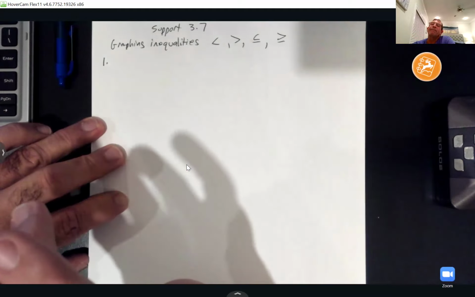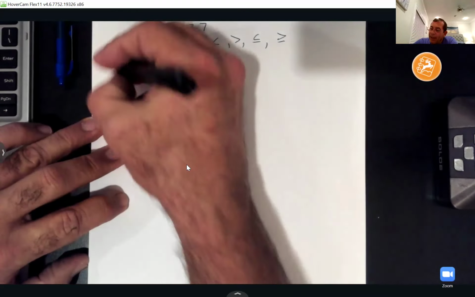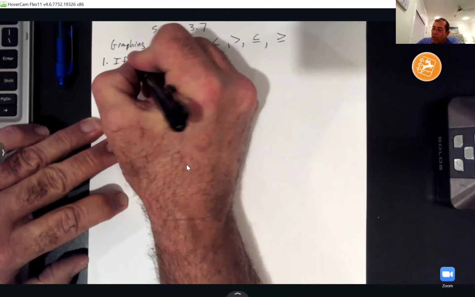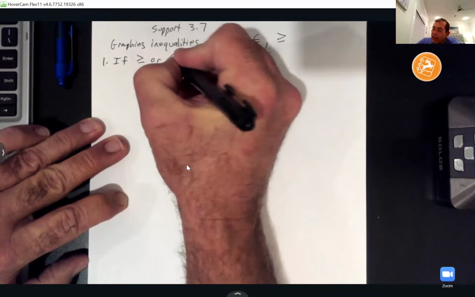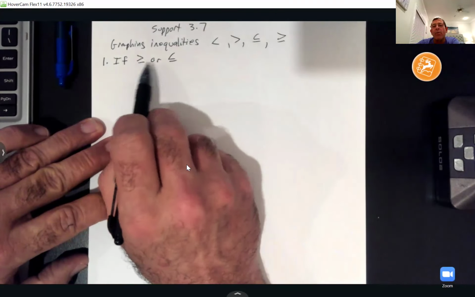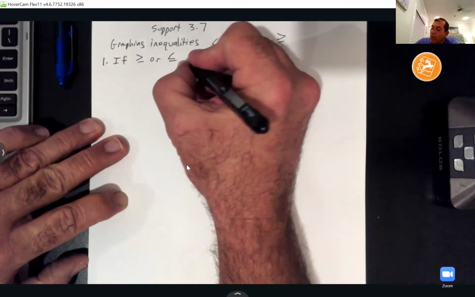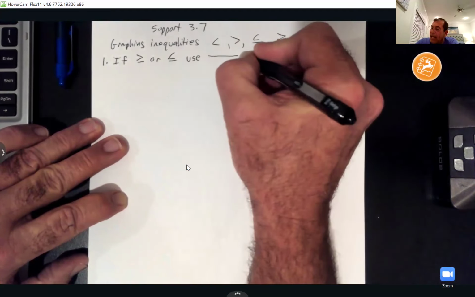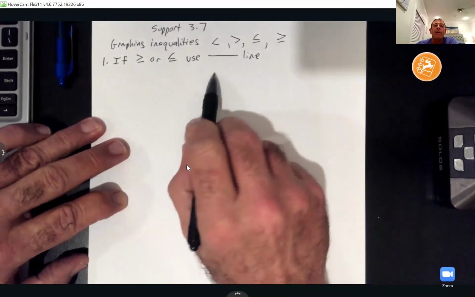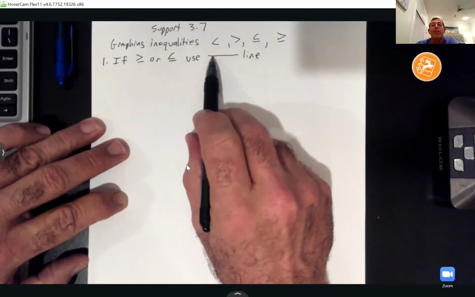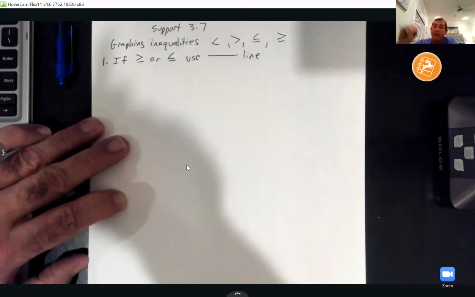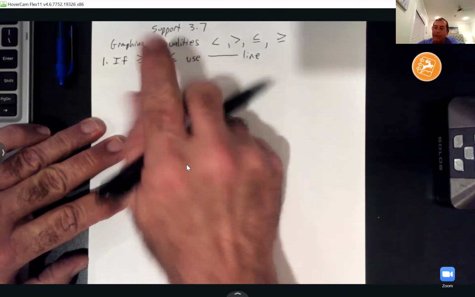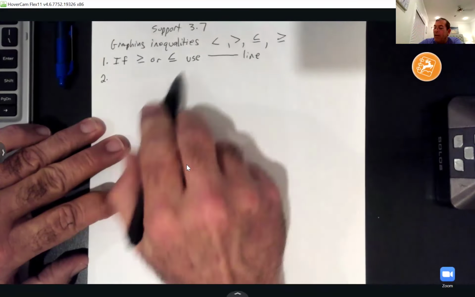So first, if your equation has equals in it, if it has a greater than or equal or a less than and equals, when we draw the line, we're going to use a solid line. So I'm going to find 2 points and use a solid line to connect them, okay? Because the solid line means it's true for the equal part. Now, what if it don't have equals in it?